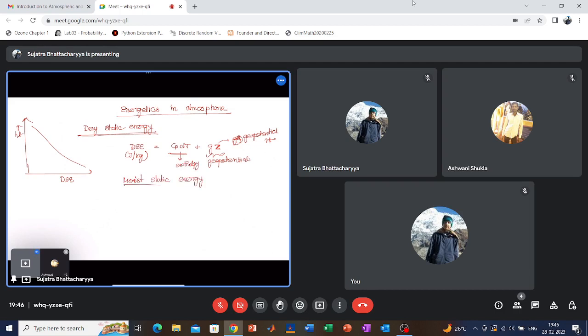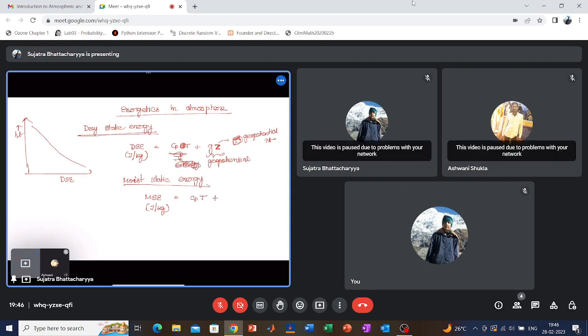Okay. So what is that moist static energy? MSE in joules per kg will be equal to CpT, not CpdT, not the enthalpy therefore, just CpT, plus gz plus Lq.